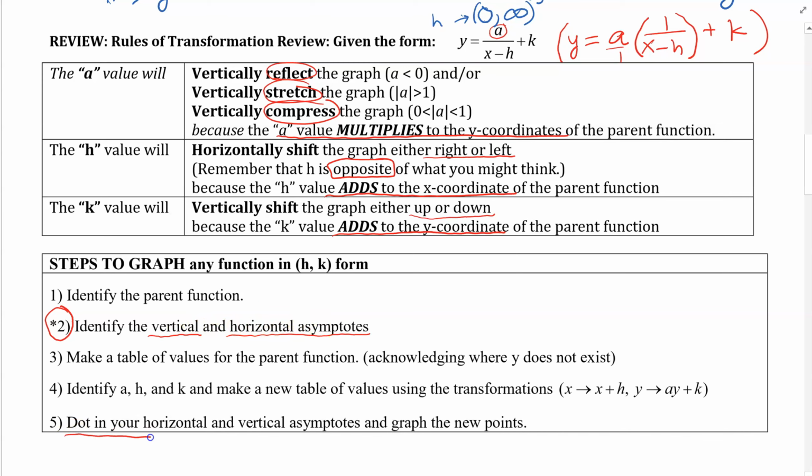And then notice I have that also in step 5, dot in your asymptotes as well as graph the new points. But the way we find the points is essentially the same. You do a table of values for the parent function, and then you transform those values by adding h to x, multiplying a, and adding k to y. So let's try that with a couple examples.